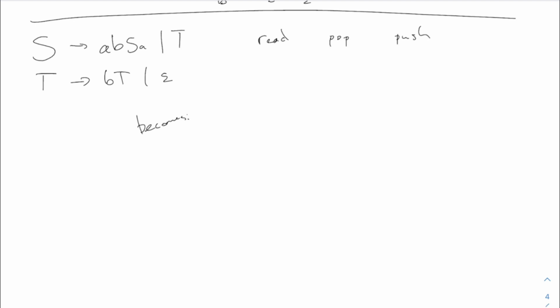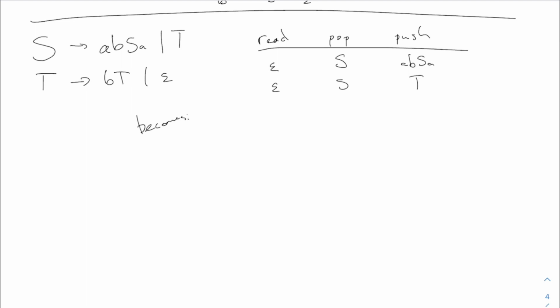All right, so what I said was each grammar arrow becomes an epsilon read. So the first one, S goes to ABSA, is epsilon, S, ABSA. The next one, S goes to T. You read that first line as if it was two separate things. S goes to ABSA is one thing. S goes to T is another thing. That looks like epsilon, S, T. And then I have two more, right?